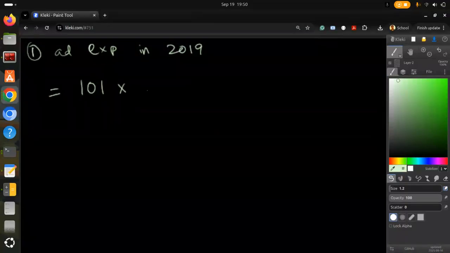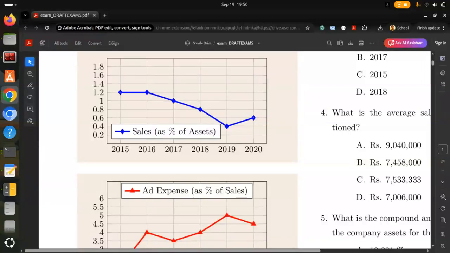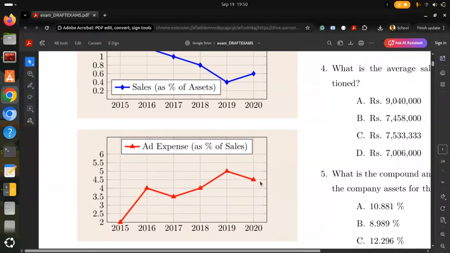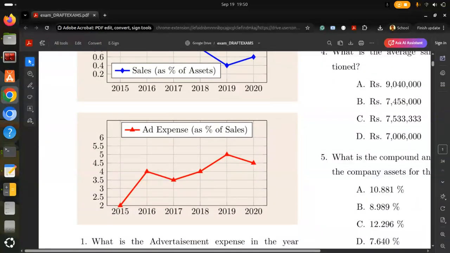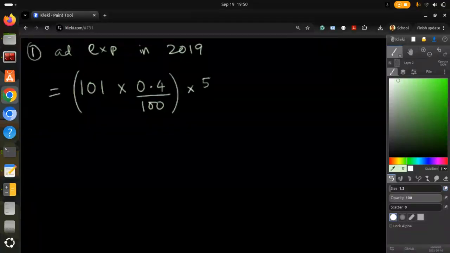This is total assets, so 110 crores times 0.4% up till here is assets. Now this total thing is sales. Now again for 2019 data, 5% of that, so multiplied by 5 by 100 will be the ad expense. This is our final answer. Note that this is in crores.